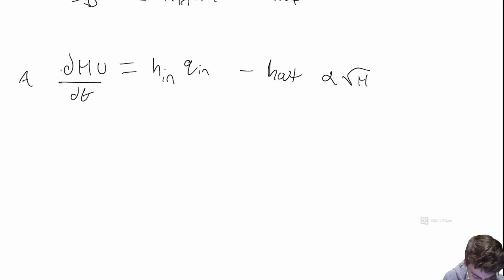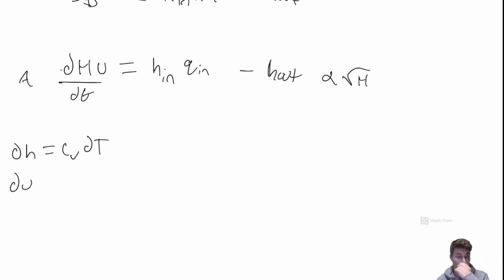So dH is equal to the specific heat capacity with the change in time, and then du is the specific volume with respect to temperature. Or no, those are wrong.